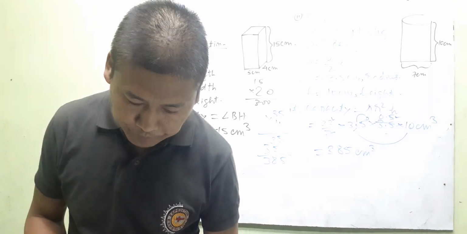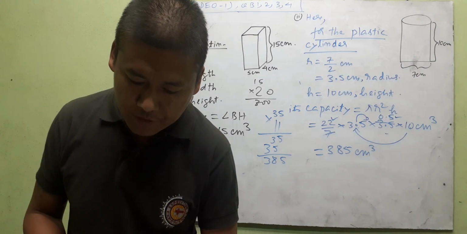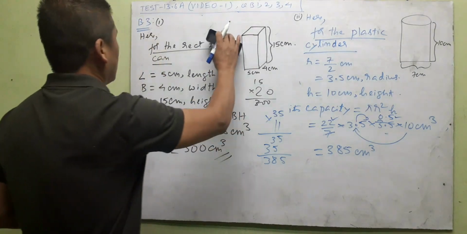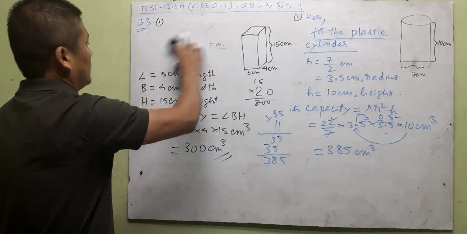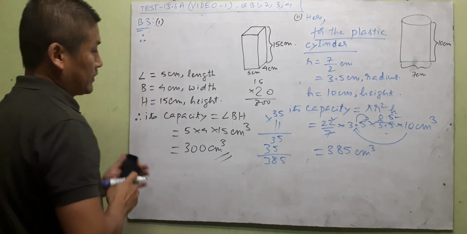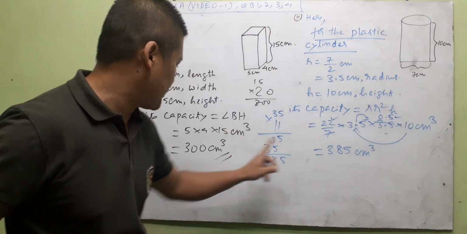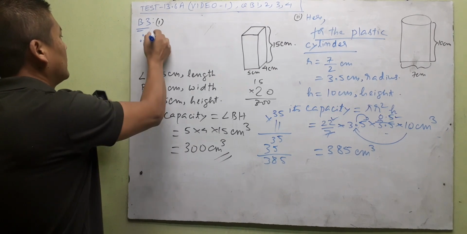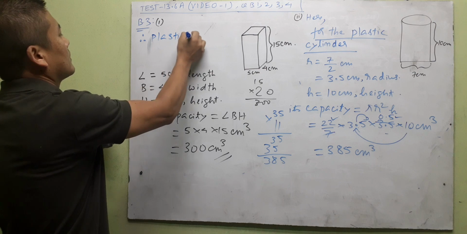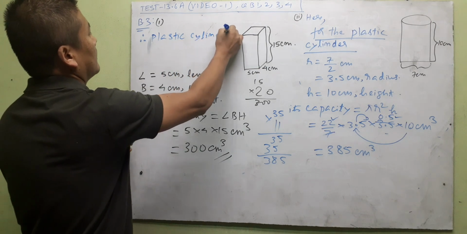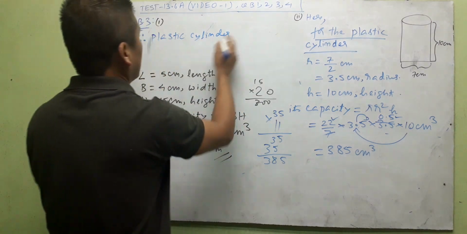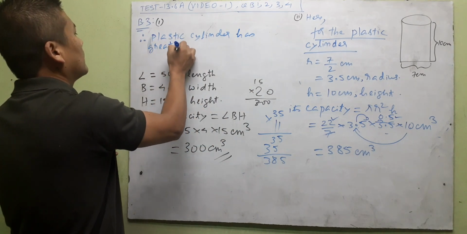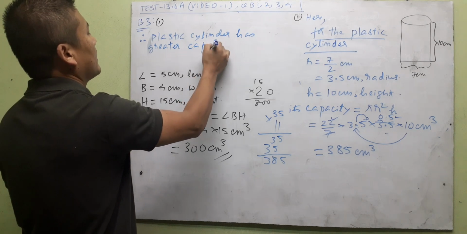The question is asking which container has greater capacity and by how much. So you can write here, therefore you can clearly see the cylinder has higher capacity. 385 is bigger than 300. So the plastic cylinder has greater capacity, and by how much they are asking.